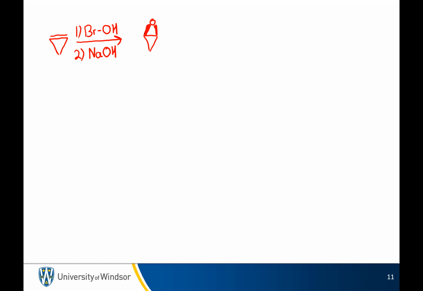So thinking about that, okay, first thing, and the 1, 2 means you do 1 first, then you do 2. So 1 first, BrOH. Okay, we've seen this before. I'm going to add a methyl group just so that we have something to keep track and differentiate the two sides.